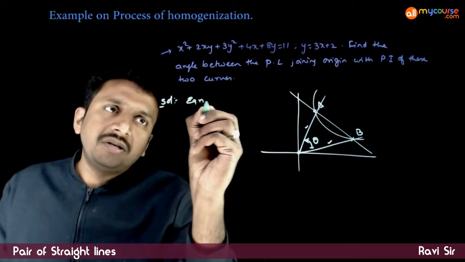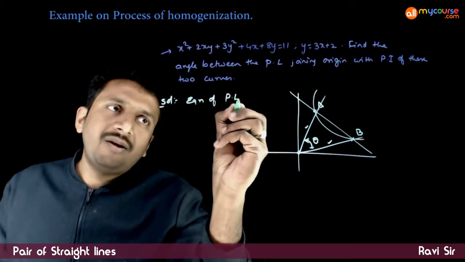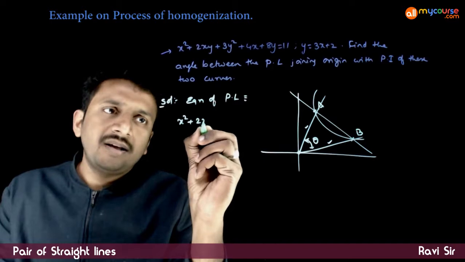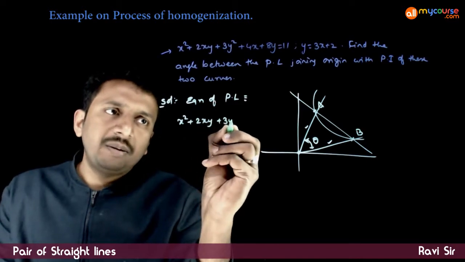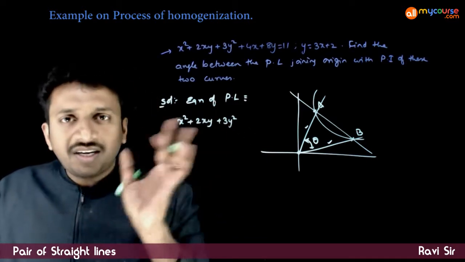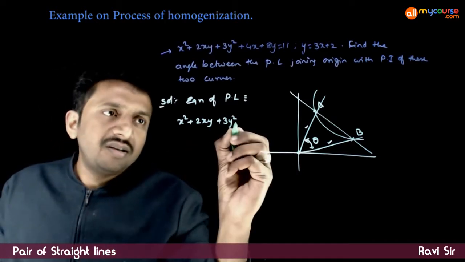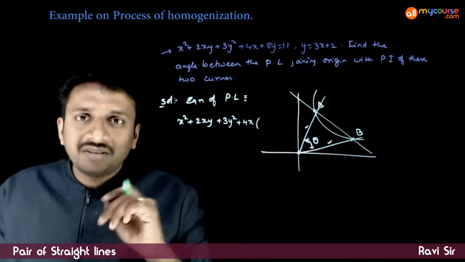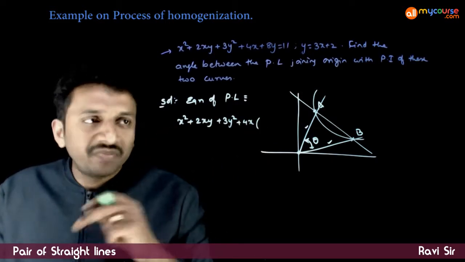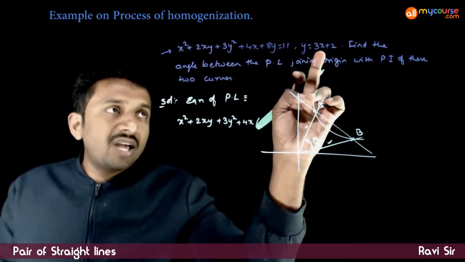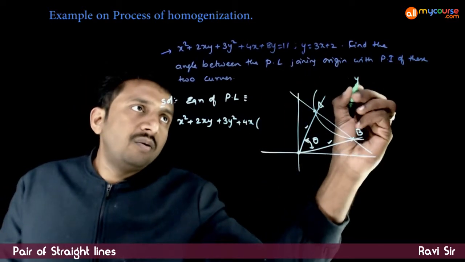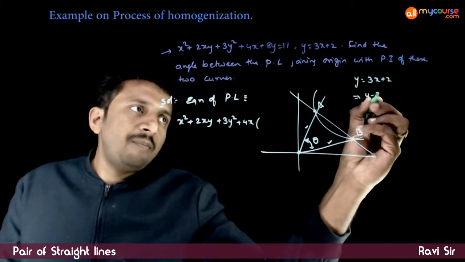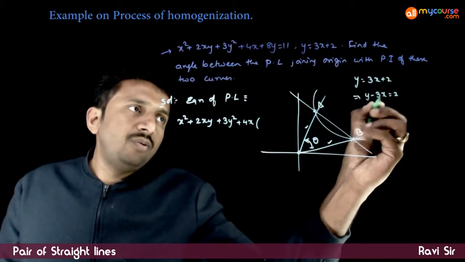So the equation of the pair of lines is x square plus 2xy plus 3y square. The quadratic terms do not change, plus 4x times the linear term, so we have to make this into a quadratic term. So carefully observe this equation. y is equal to 3x plus 2. This implies y minus 3x is equal to 2.